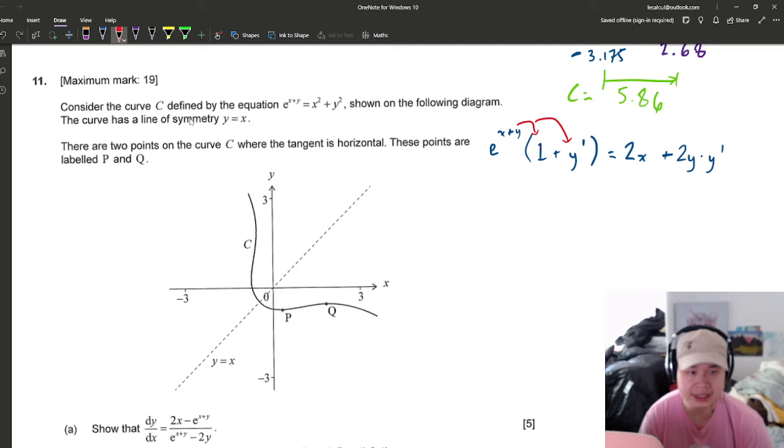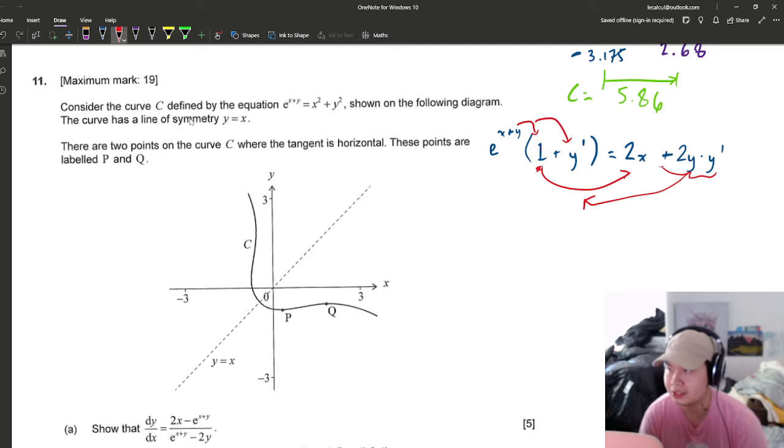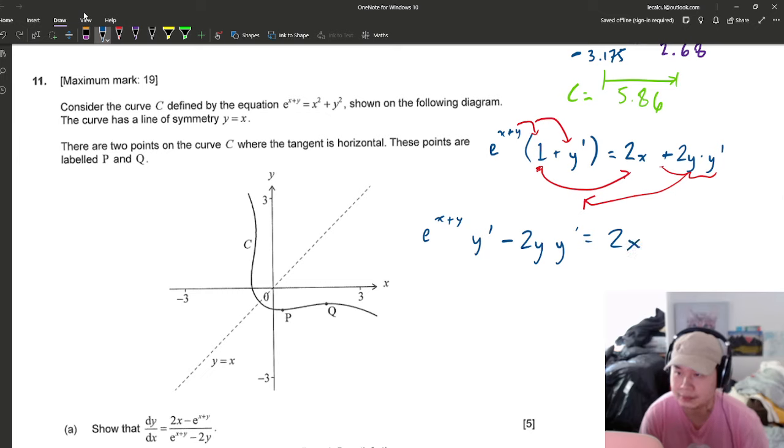So we got to distribute the e to the x plus y in, and then I'm going to take this term and move it here, and then I'm going to take this term with the y prime and move it over here. So I'm collecting my y primes together. So I'm going to have e to the x plus y times y prime minus 2y times y prime equals 2x minus e to the power of x plus y.